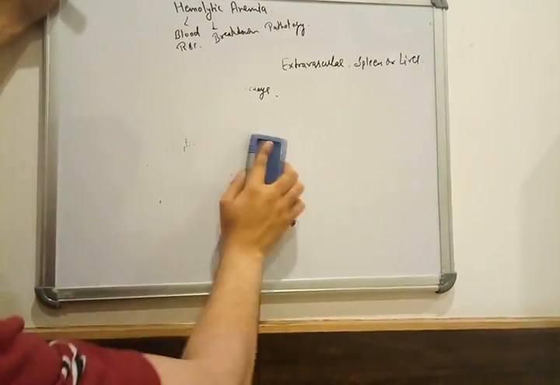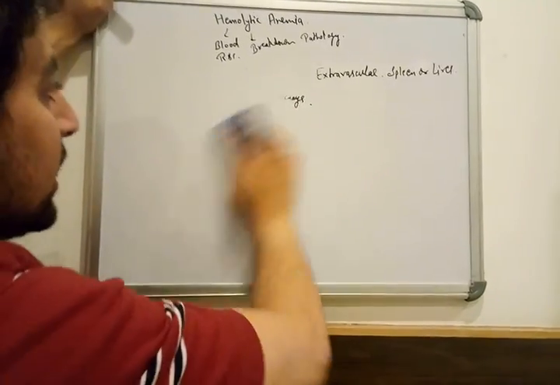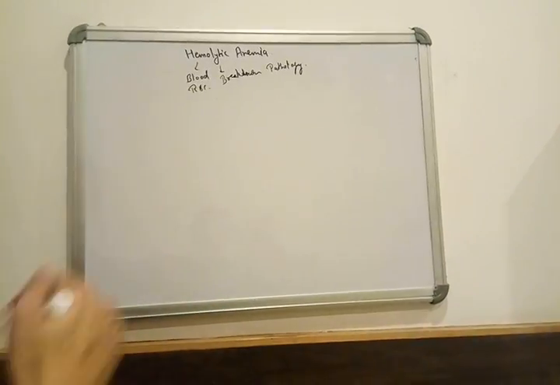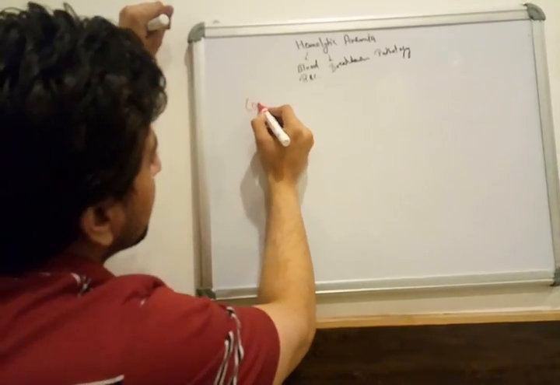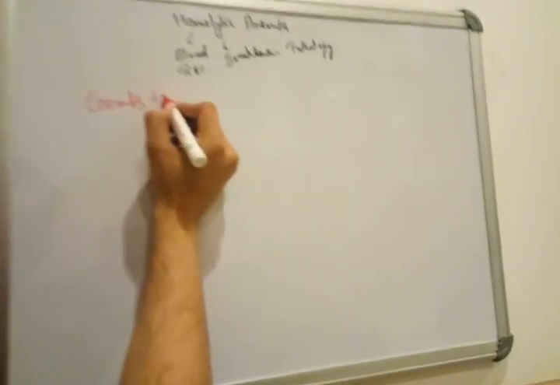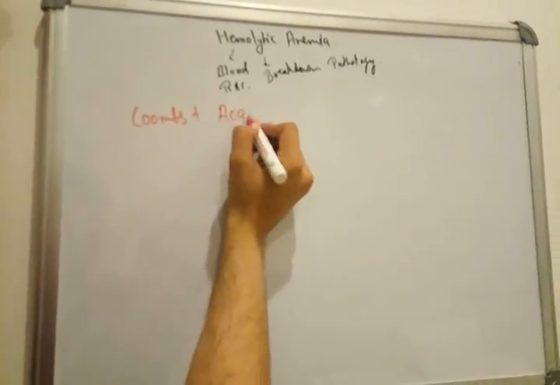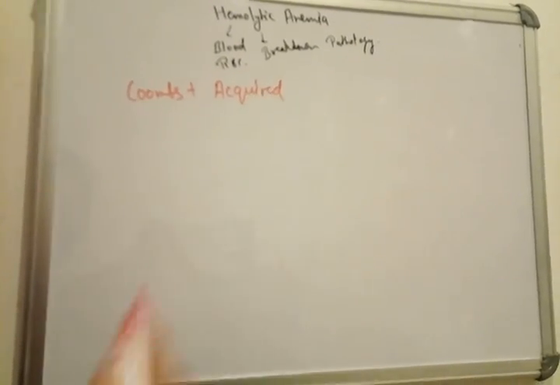Firstly, I am going to explain all the three hemolytic anemias which come under Coombs positive acquired. They are mainly three types.